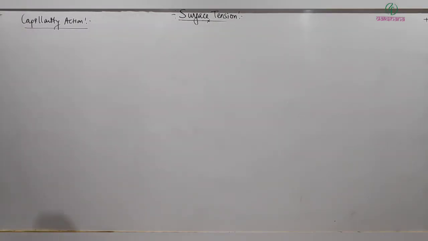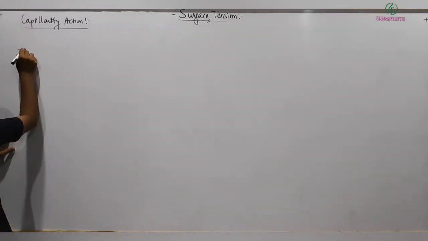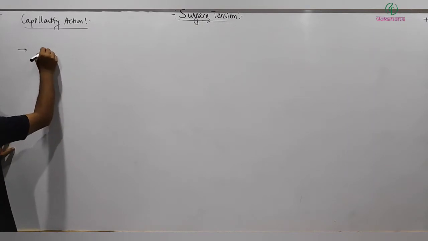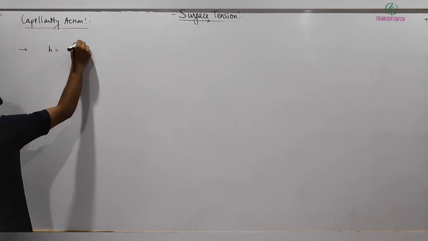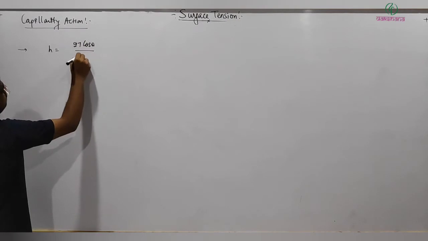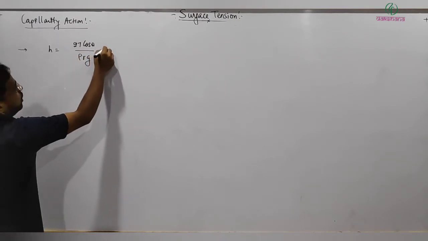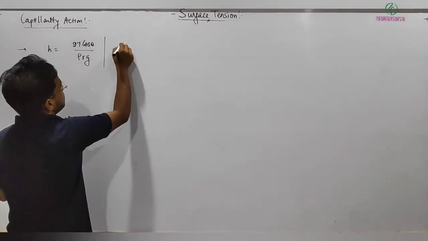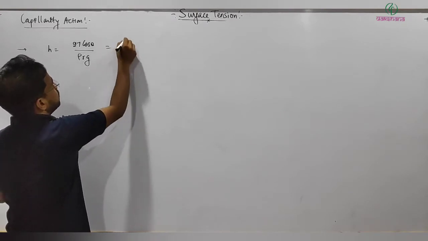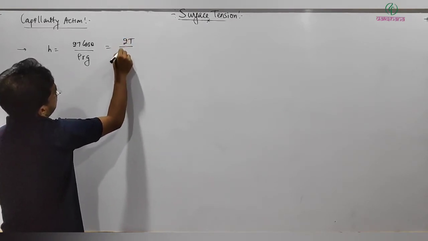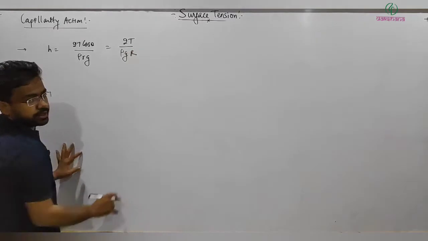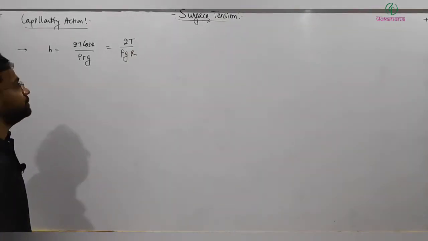Okay, so we understood the capillarity action and we got the relation here. h is equal to 2T cos theta divided by rho r g, or this can also be written as 2T divided by rho g into capital R, where capital R is the radius of the meniscus.